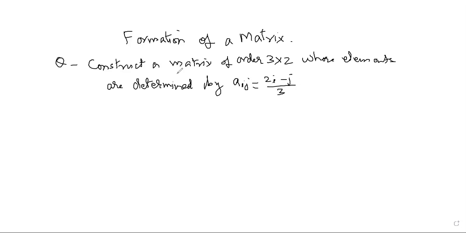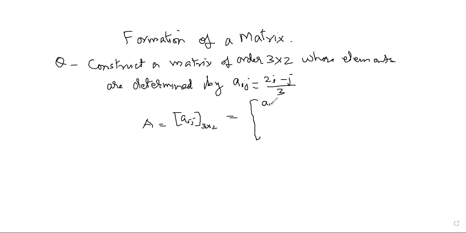So here we have to make the matrix of order 3 by 2. So how will we start? First we will write: let A be a matrix of order 3 by 2, Aij, 3 rows and 2 columns. Then we can make 3 rows and 2 columns.